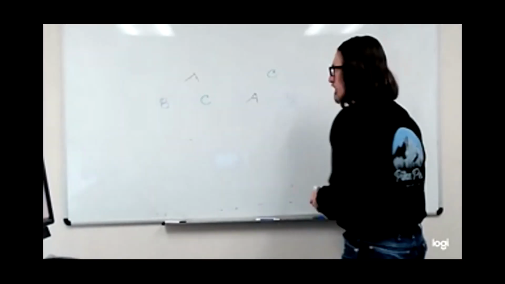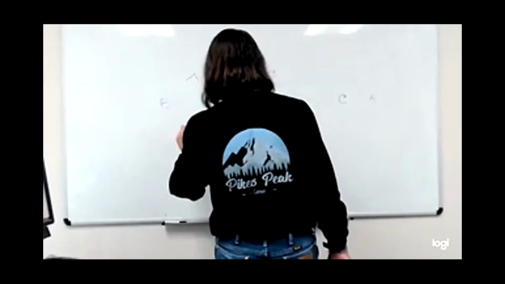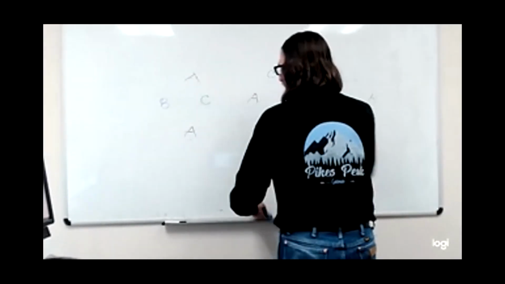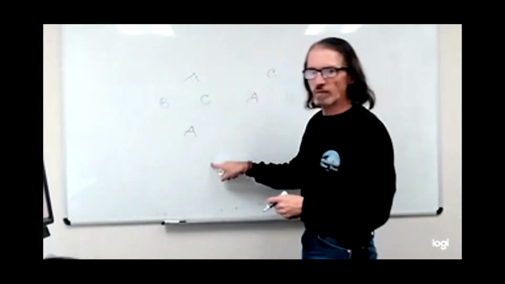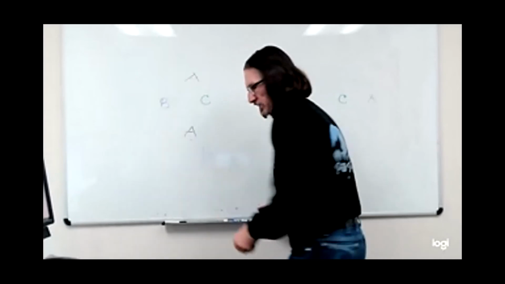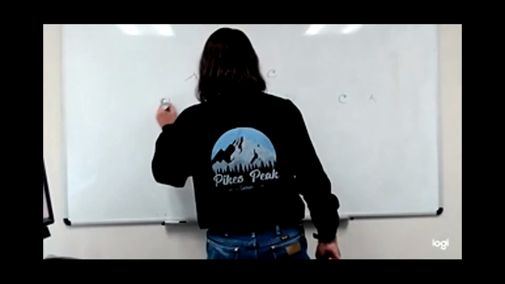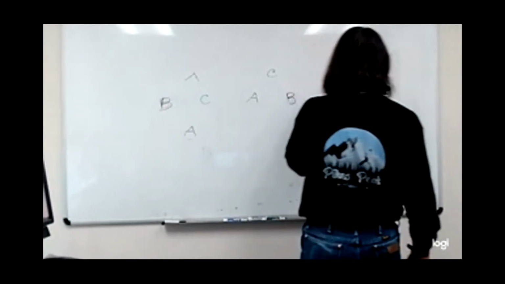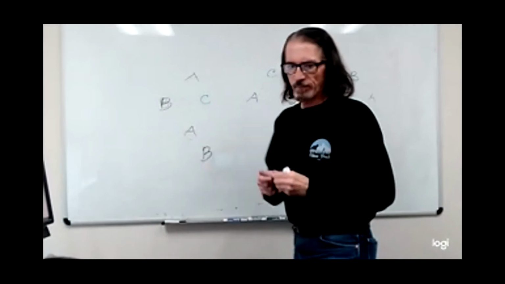So what would be something different? You could have A up here, and then B over here. It's not showing up all that well. Let me put B in black here. Okay.